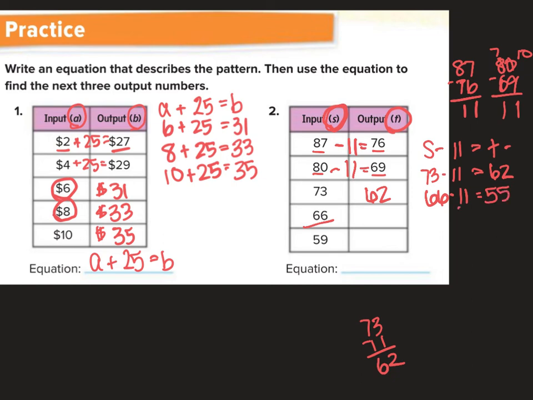Right, because I'm taking away 10 and 1, to be 55. Lastly, let's see what is 59 minus 11. 59 minus 11 is 48. So our equation was S, just because this was S up here, told me my input is S, minus 11 is equal to T.